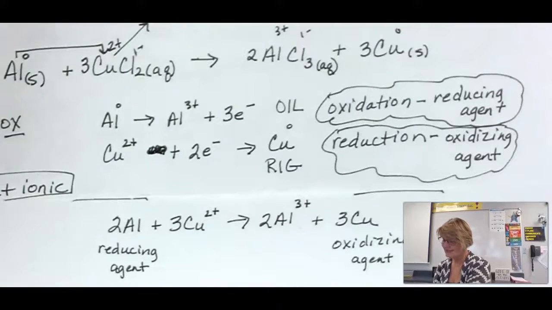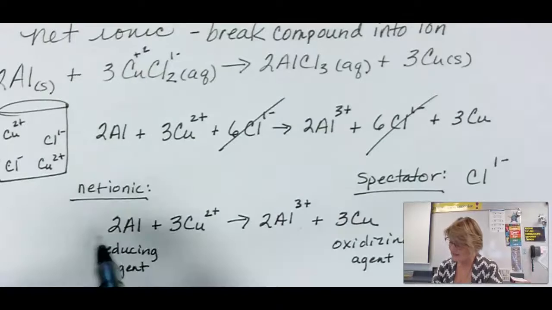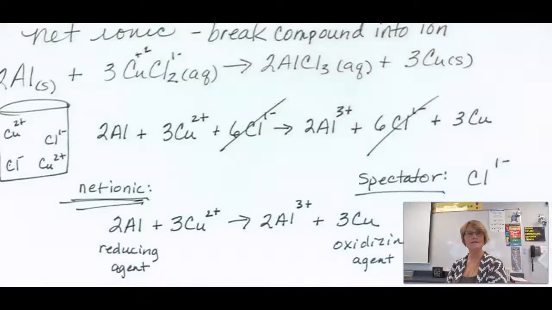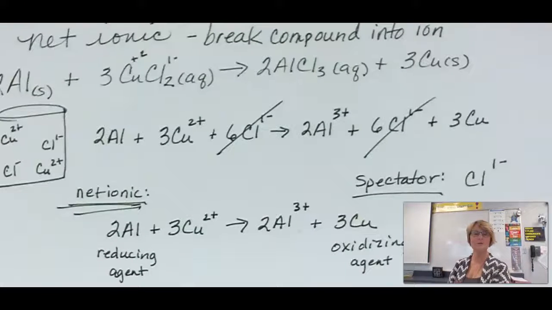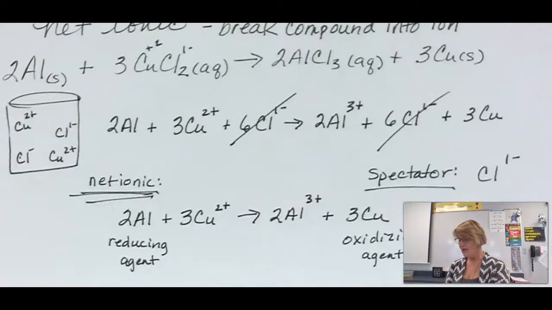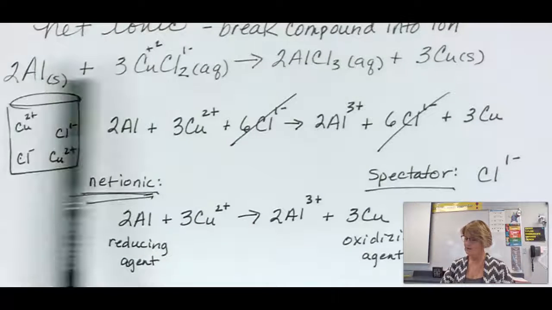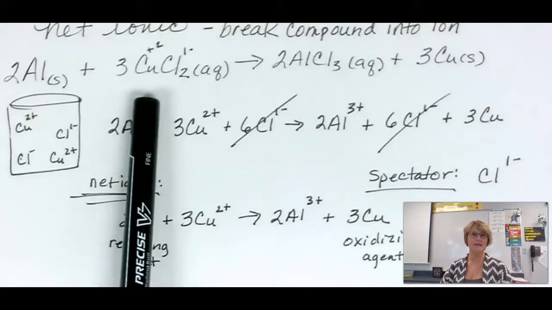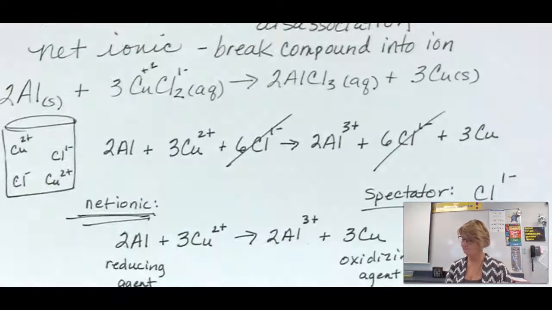And that is our net ionic that we wanted. So we can see that really the only thing that's doing the work in this problem is the aluminum and the copper. And if you think about it, when we talk about single replacement reactions, what we're looking for is whether the metal is going to replace the metal in this reaction. Okay, so that is how we write net ionics.